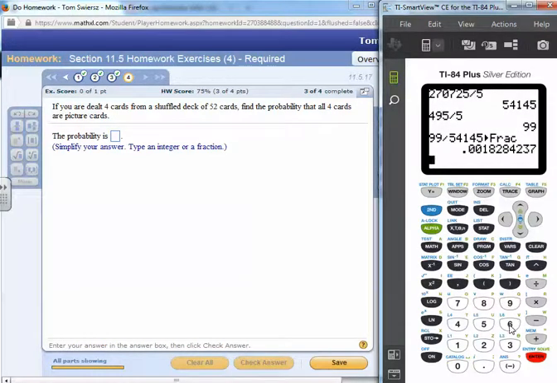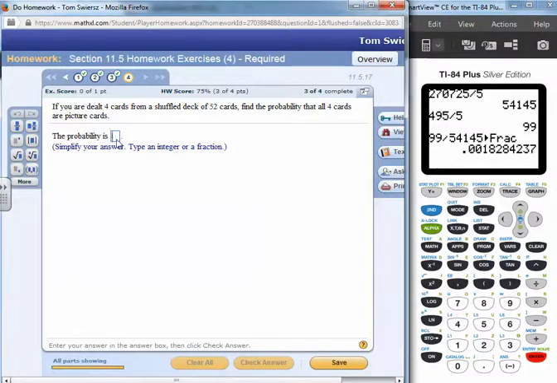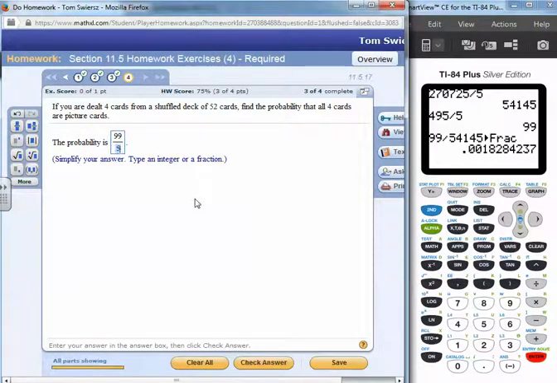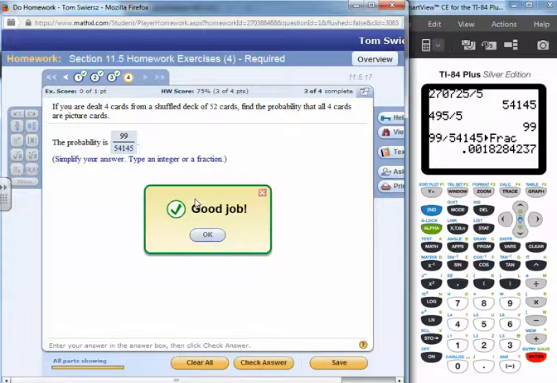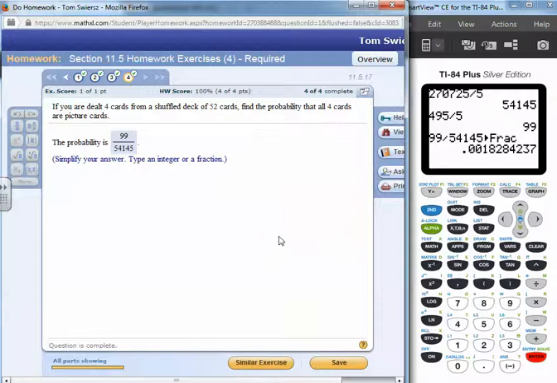Let's just go ahead and put it in, and if it's not the right answer, we'll have to reduce it more. 99 over 54,145. All right, and so actually that is in reduced form. Okay, so there's our correct answer. So you'll just have to play around with it, use your calculator to divide to get it into reduced form.